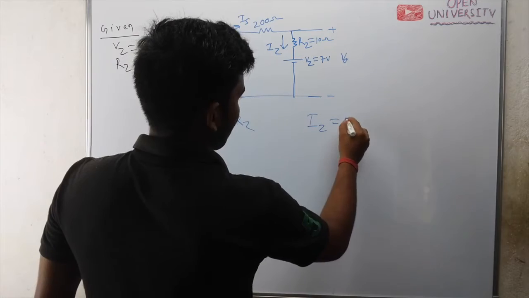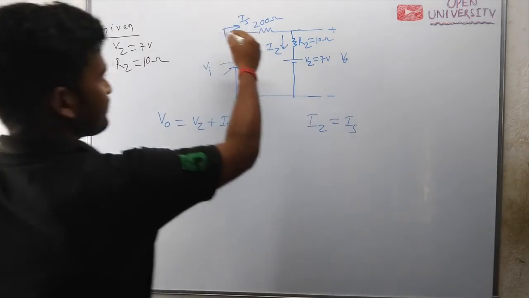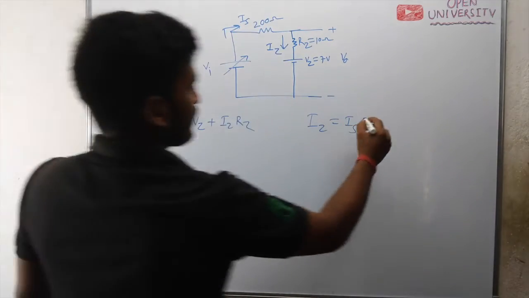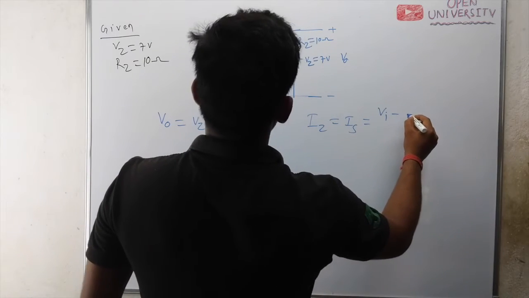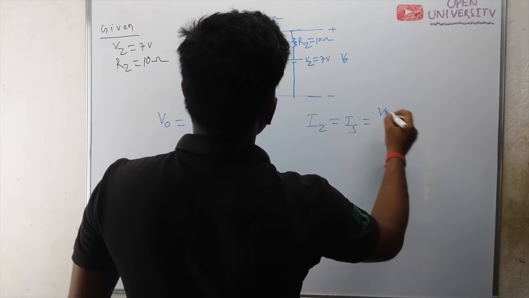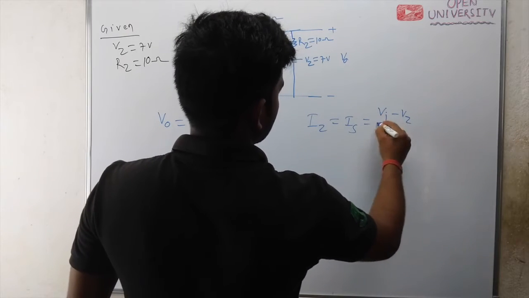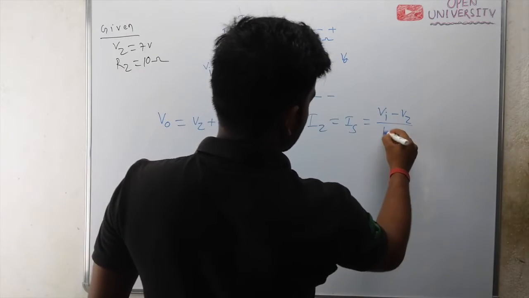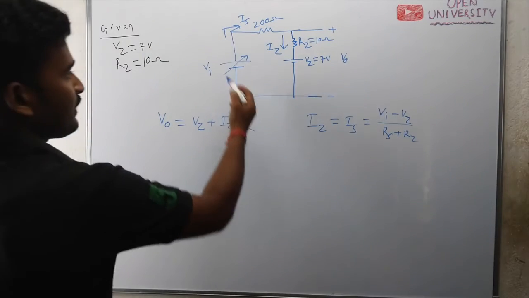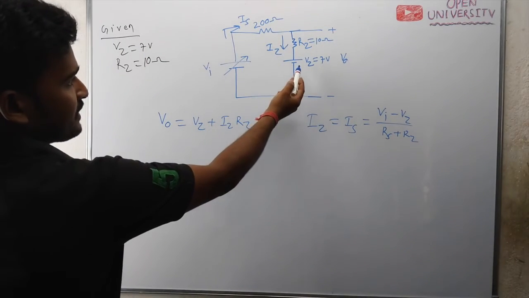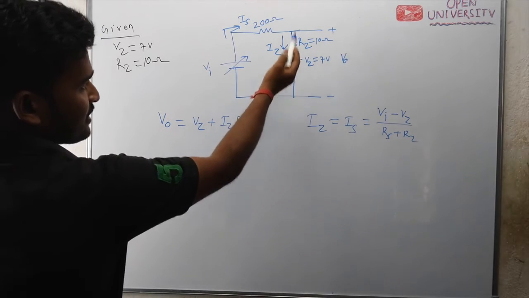IZ is nothing but IS, the same current will flow, and this value will be Vi minus VZ divided by Rs plus RZ.